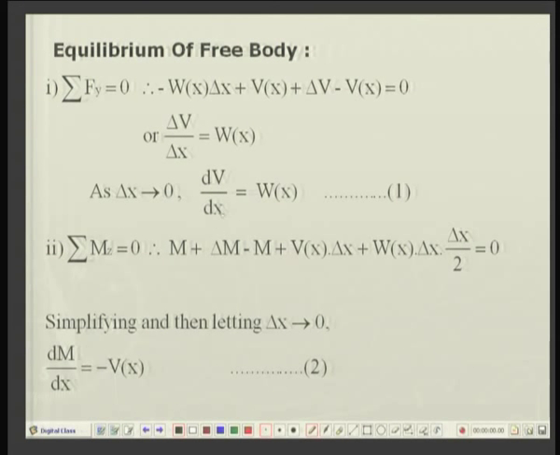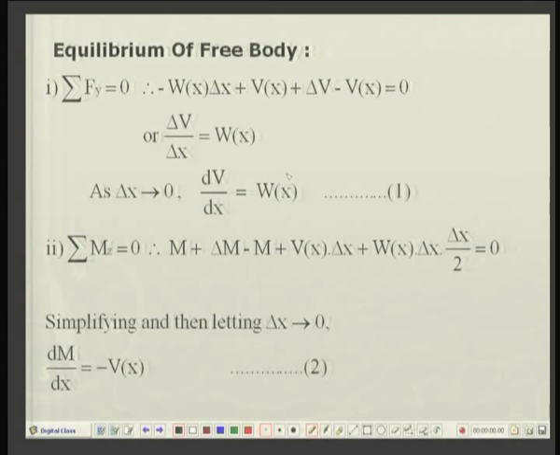So, dV by dx is equal to Wx. This is equation number 1, which relates the slope of the variation of shear force with the distributed load Wx.